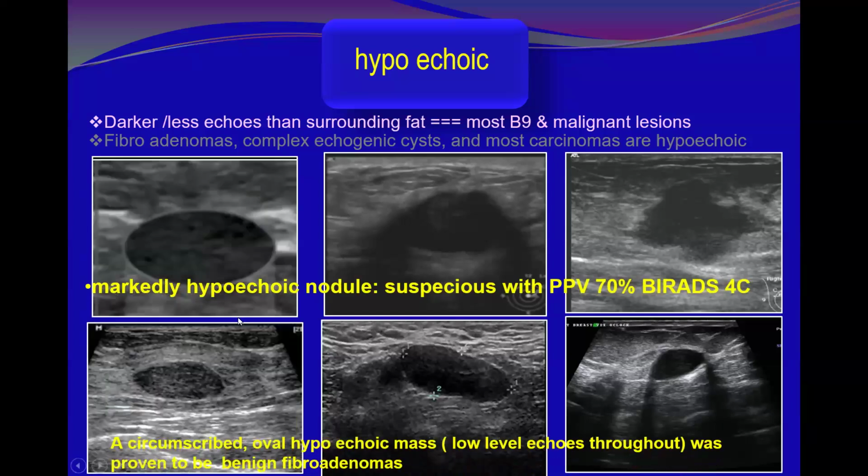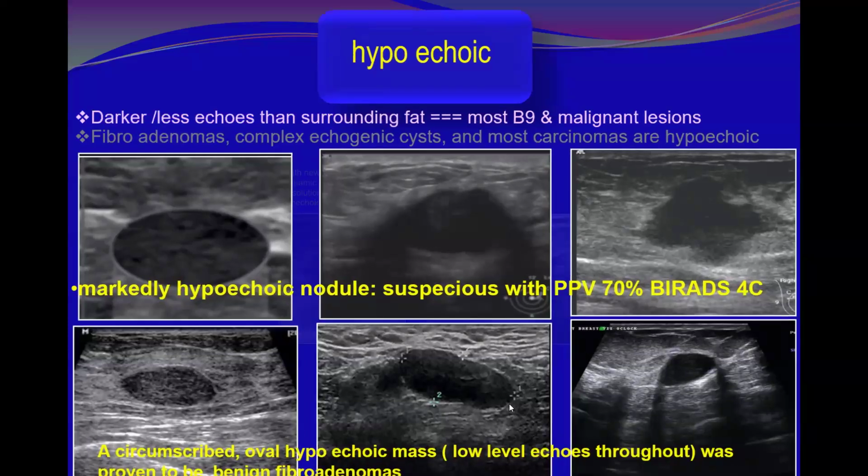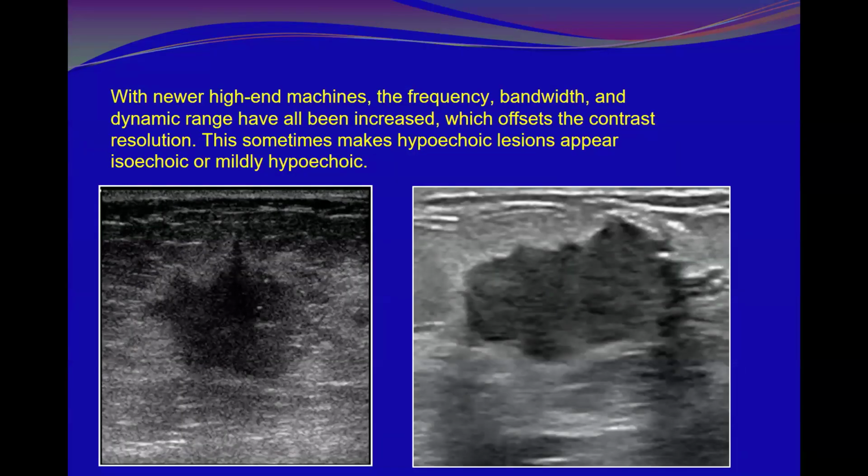Regarding hypoechogenicity, the positive predictive value is in the range of 4C. Unless the lesion is parallel and oval with a pseudocapsule, we cannot report it as BI-RADS 3. We have to go directly to BI-RADS 4.